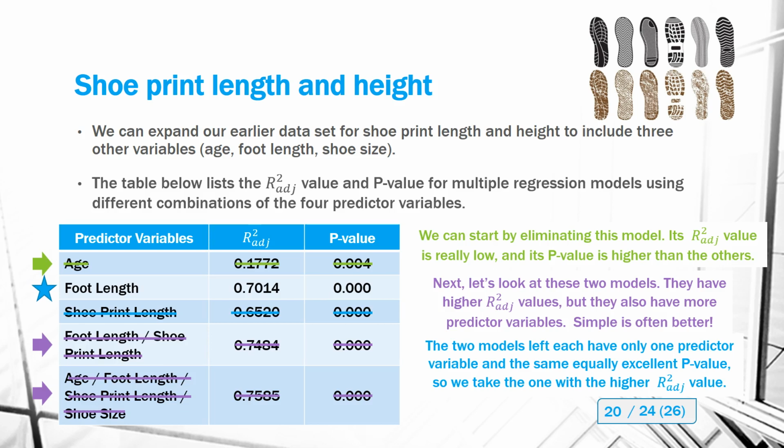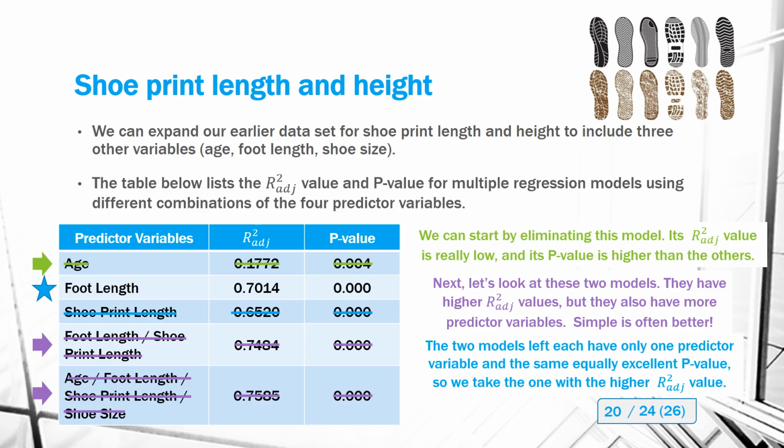People aren't going to wear shoes that are too small for their feet because their feet can't fit into them. But they're not going to use shoes that are too big for their feet because it's going to make it really funky to walk in them. So there's going to be a really strong relationship. So it kind of makes sense that a model that's using foot length as a predictor variable would come out to be a good model.